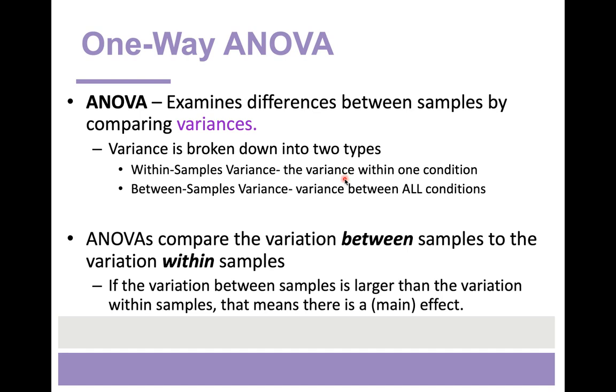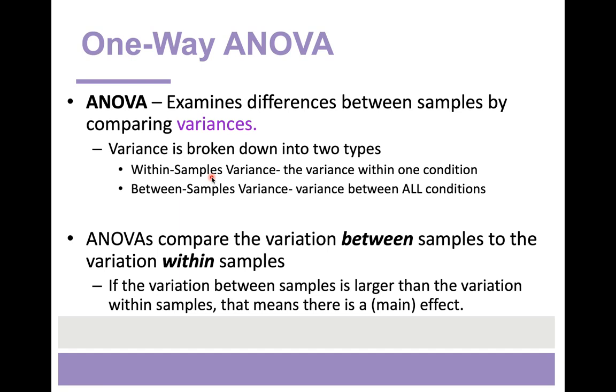So basically, if we're just looking at the 10 milligram group, how much do the 10 milligram people vary against each other, right? Within their own sample, within the condition of 10 milligrams, how much do they vary?